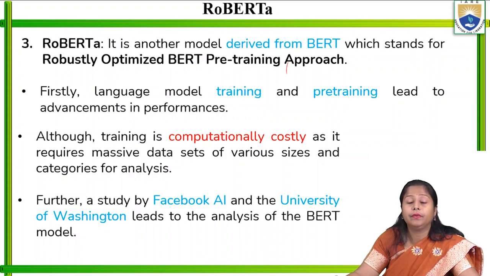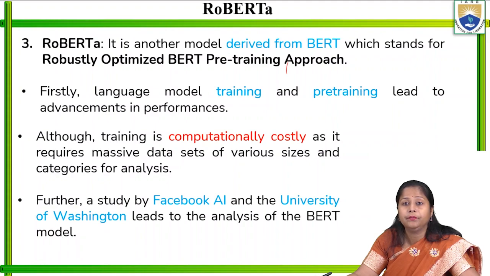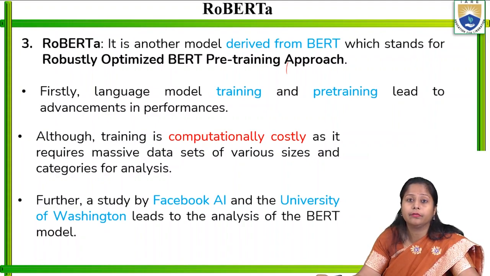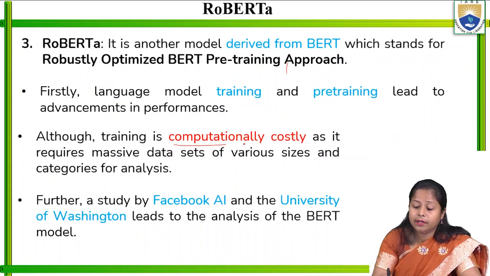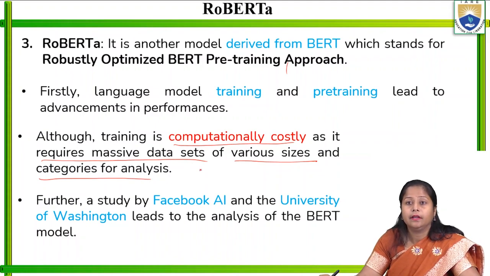Whenever we use language models, they use different trained and pre-trained models, which gives an advancement in performance and proper interpretations when working with specific tasks. Although the training is computationally costly, as it requires massive datasets of various sizes and categories for analysis. What does it mean?